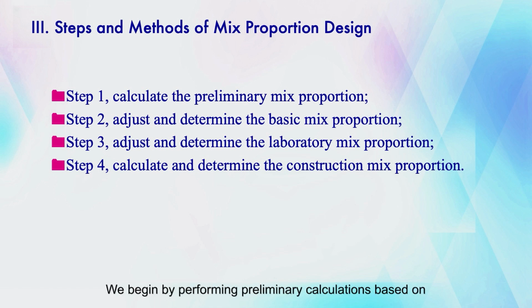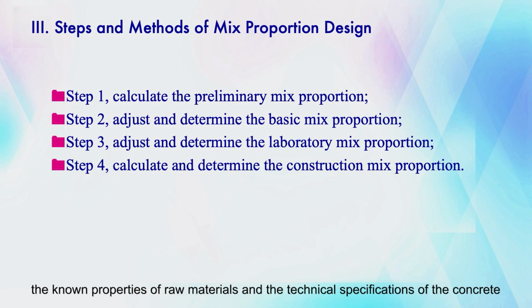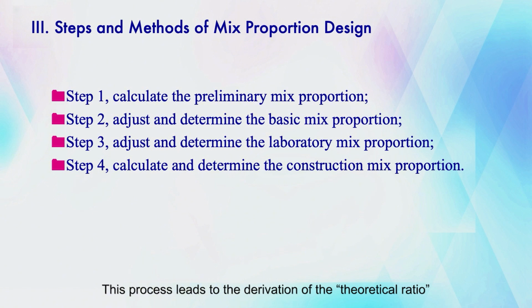We begin by performing preliminary calculations based on the known properties of raw materials and the technical specifications of the concrete. This process leads to the derivation of the theoretical ratio, which represents the initial mix proportions. Building upon the theoretical mix ratio, we proceed with laboratory testing, inspections, and adjustments to arrive at the benchmark mix ratio, ensuring it aligns with construction and workability requirements.